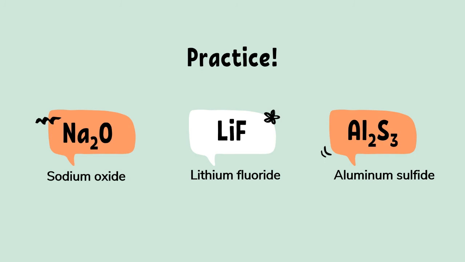So aluminum sulfide. Regardless of the numbers, because we have a subscript of 2 for aluminum and a subscript of 3 for sulfur, it doesn't matter. As long as we are naming an ionic compound, we just focus on naming the first element and then the second element by adding the suffix IDE.